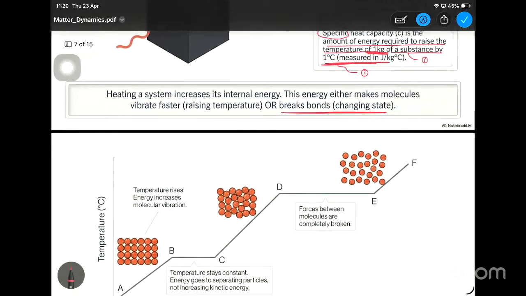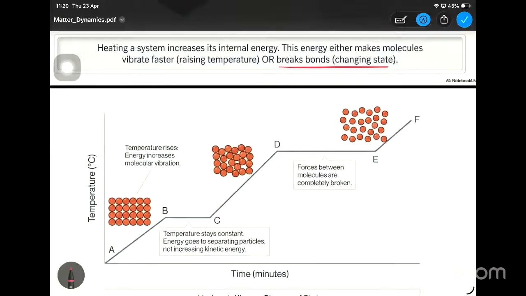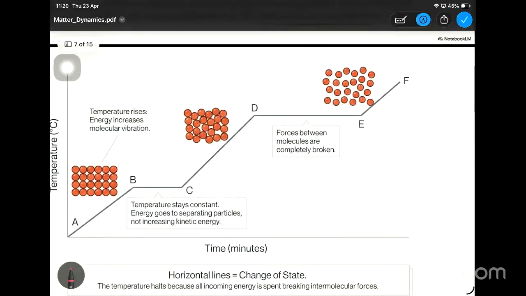Okay, right. Then you need to remember this graph. Normally when we are increasing the temperature of a substance, it will go through a series of changes like this. This graph consists of only two processes.